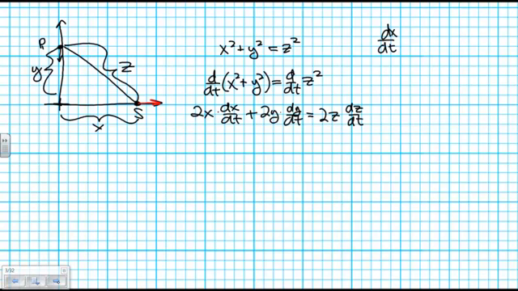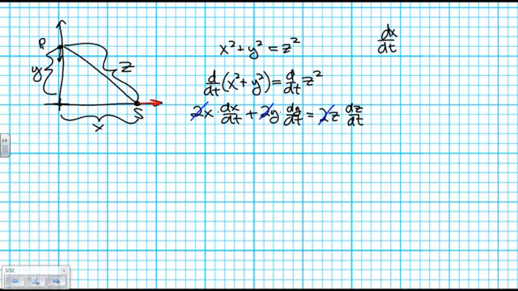Now let's divide everything by 2, because we can. Okay, we've got a relationship equation. We got the derivative of that relationship equation, which created things with derivatives. Plug and chug.